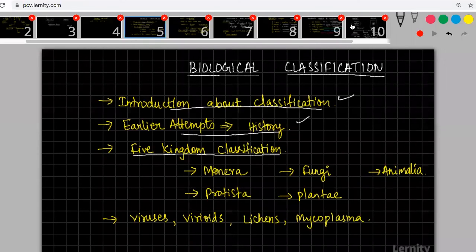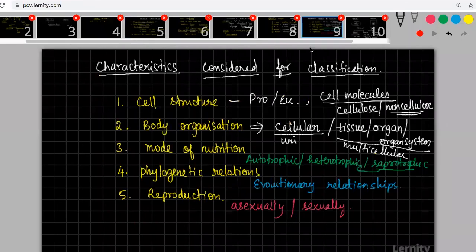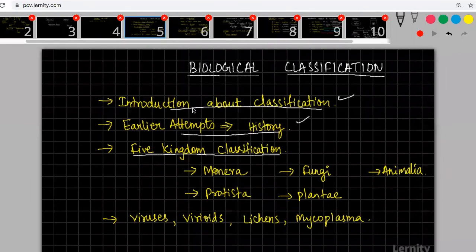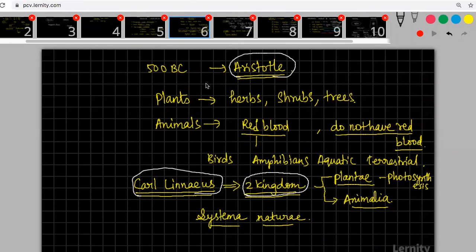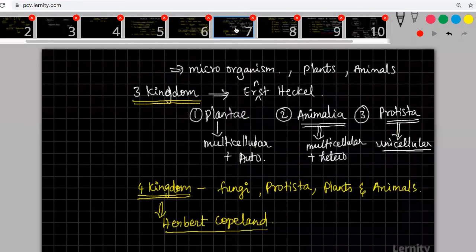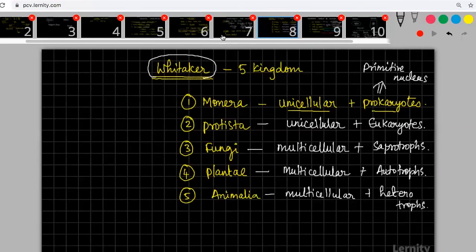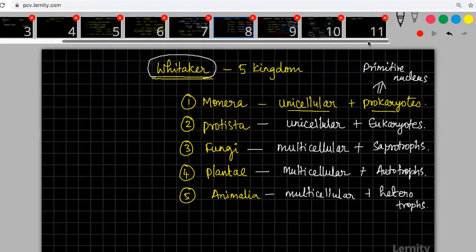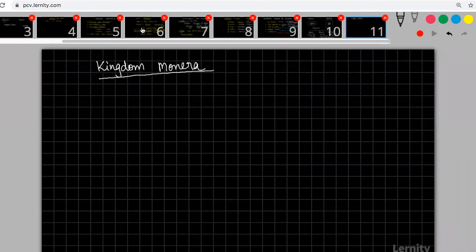That is what we have studied here. And then the earlier attempts are the history. I have told you about all these things: Aristotle's classification system, two kingdom classification, three and four kingdom classification, and five kingdom classification. Now we are going into the main part of the lesson where we are going to study Monera.